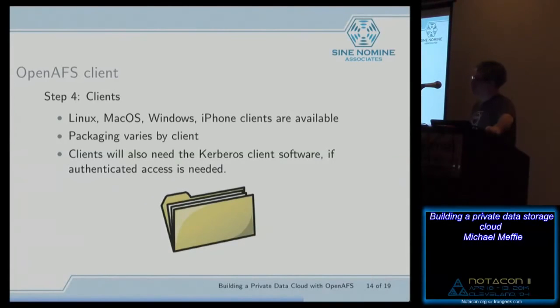Windows is a separate beast, but it's supported. A lot of the code is in common with the Linux code in terms of the networking, but Windows itself is completely separate from Linux in how it deals with files, so it uses something called a redirector. There's an iPhone client that's available now. I don't have an iPhone, so I don't care.